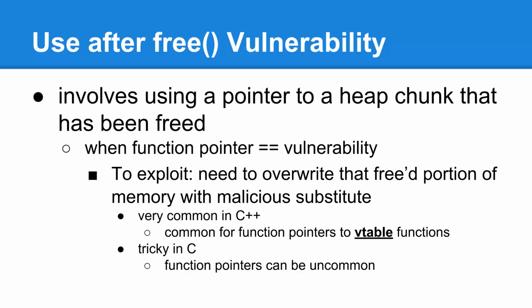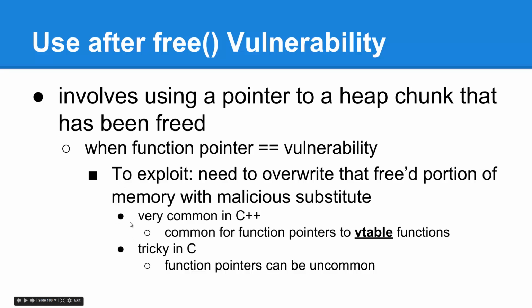It's not perfectly reliable, and essentially the attacker's hope is that when it's used again later, it's using the malicious version of that object or that function pointer instead, now pointing to an attacker's shellcode or a ROP chain.